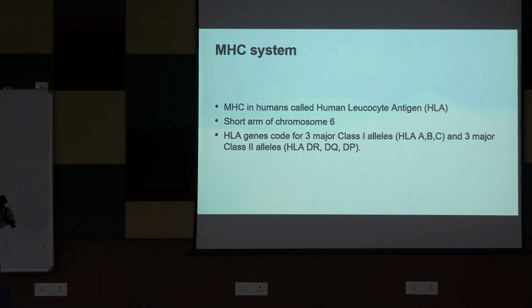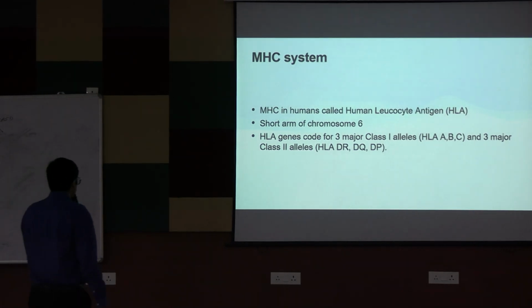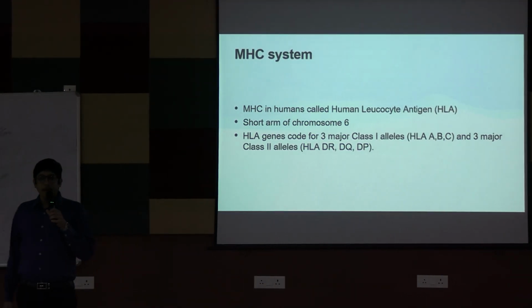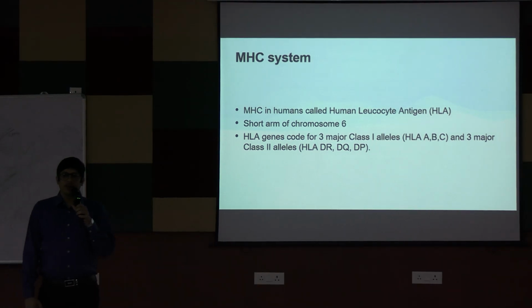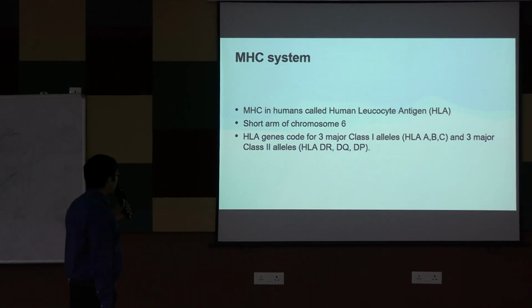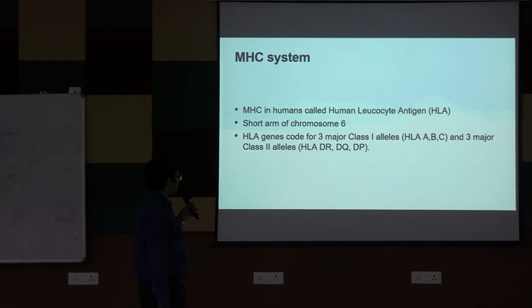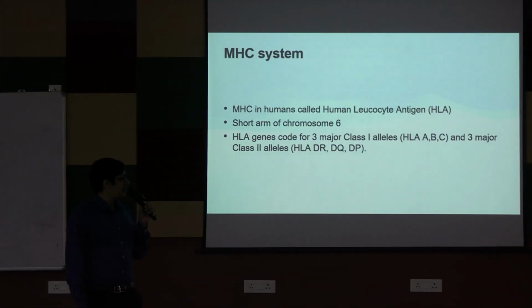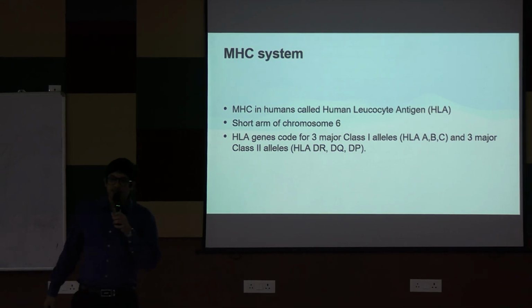It is present in the short arm of chromosome 6, and this HLA gene codes for major and minor classes of alleles. What are they? There are three major classes of alleles. In class 1 alleles, there are HLA A, B, C, and three major class 2 alleles. They are HLA DR, DQ, and DP.